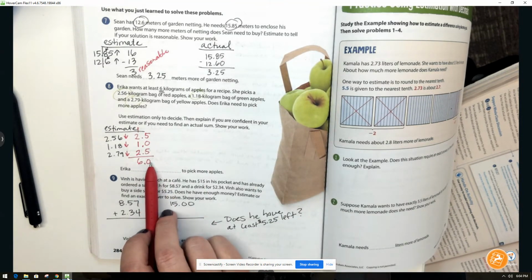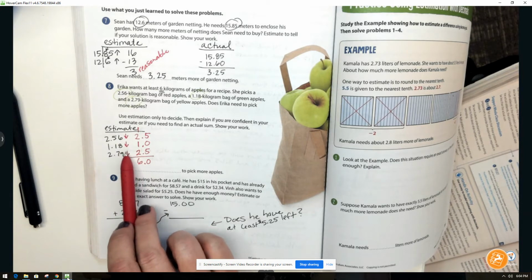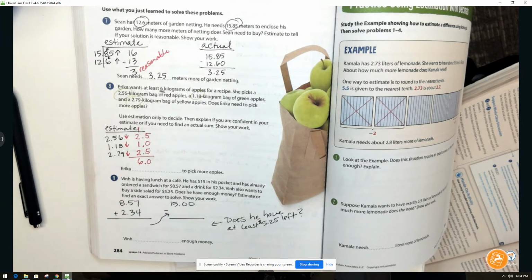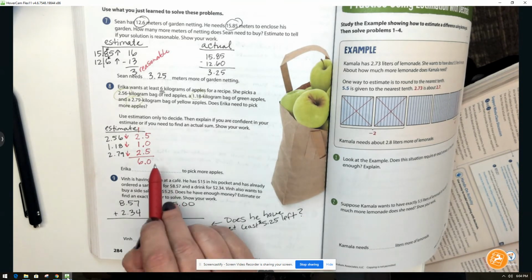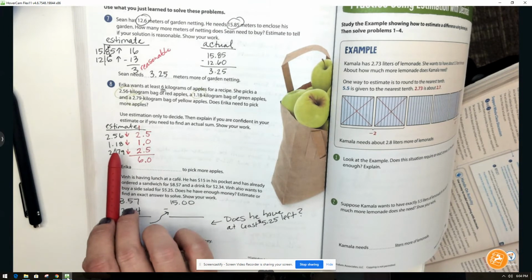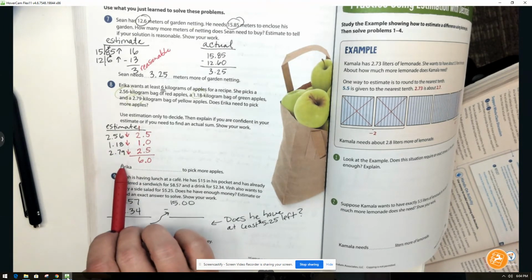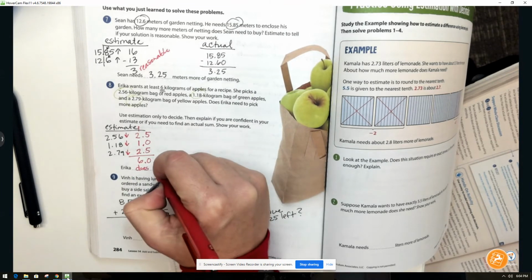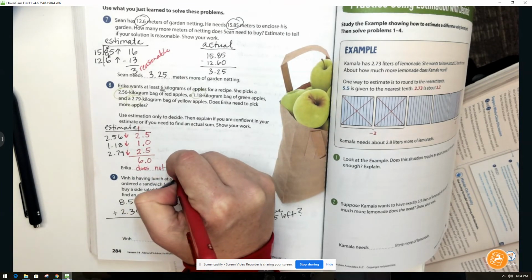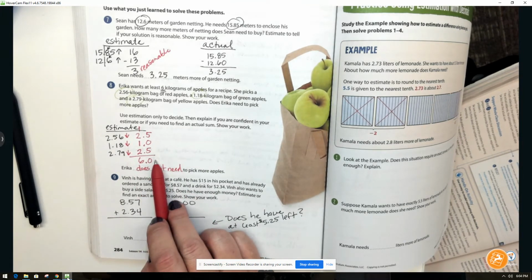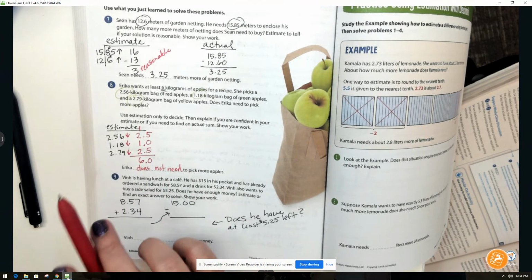So already I estimated all of these numbers down, as though she picked less than what she really picked. And she needs 6 kilograms, and we got 6 kilograms. So she actually picked more than she needs. So Erica does not need to pick more apples because she already has 6 kilograms, and that is me estimating.